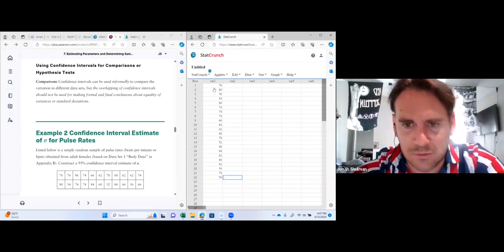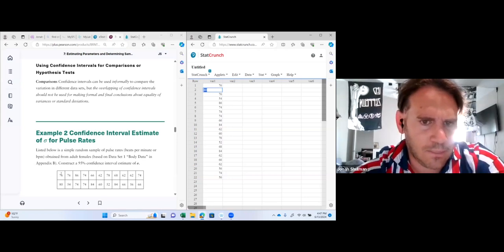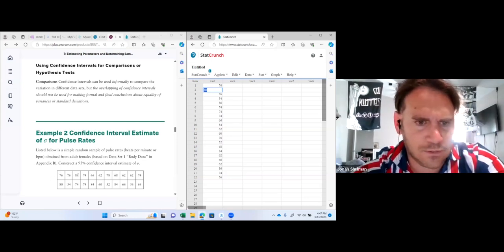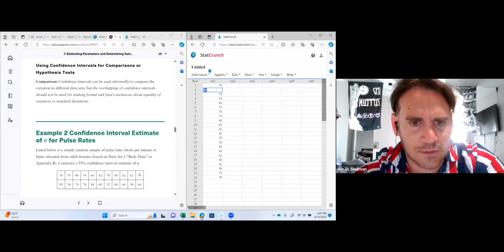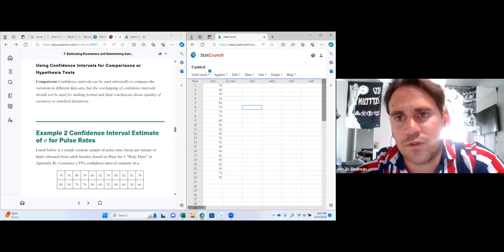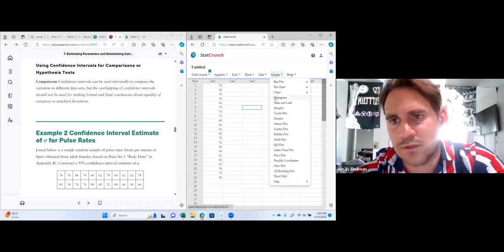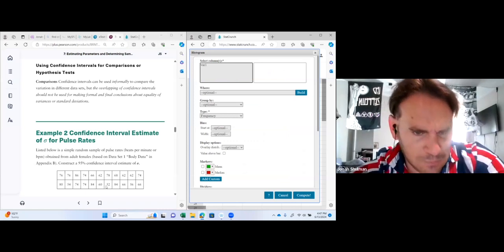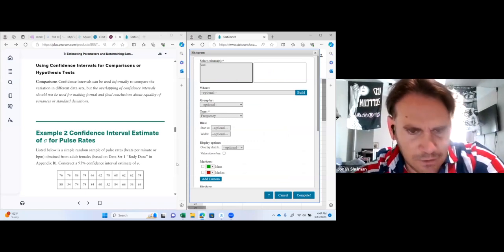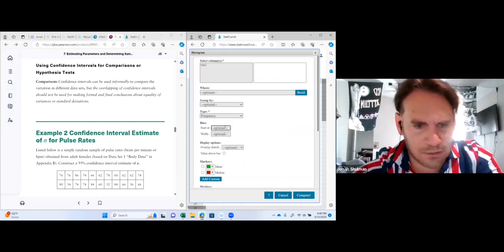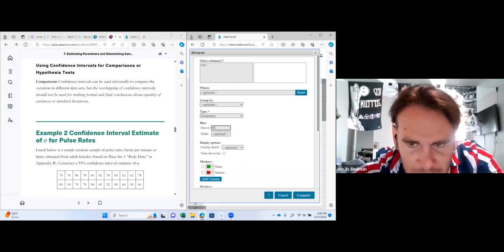So I got 22. Let's count. 2, 4, 6, 8, 10, 12, 14, 16, 18, 20, 22. Perfect. The first thing I want to do is graph this as a histogram. The smallest one is 52. So I'm going to start with 50. What should I make them each? I'll make them 5 each.